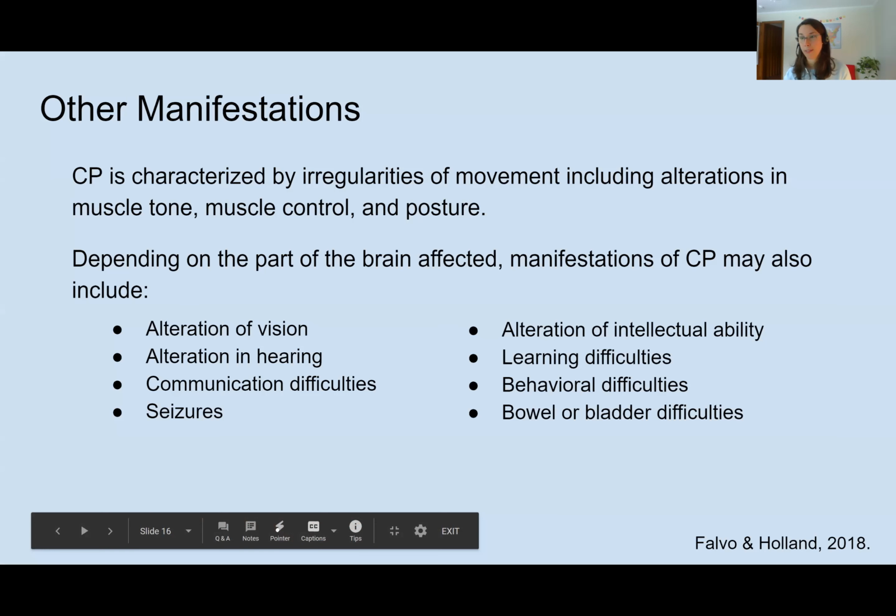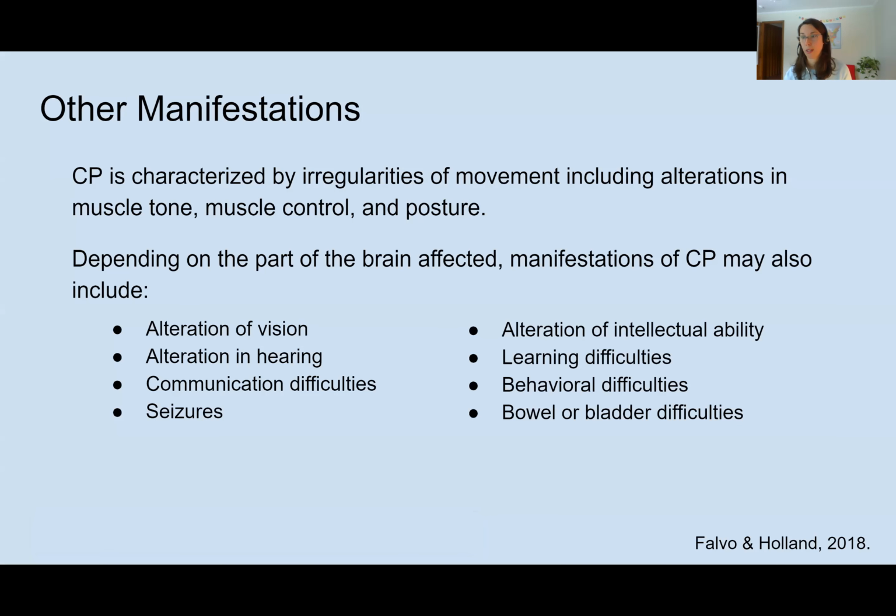And then other manifestations. As we discussed earlier, CP is characterized by irregularities of movement, including alterations in muscle tone, muscle control, and posture. But depending on the part of the brain that's affected, you might have additional manifestations of CP because it is essentially brain damage, if you want to use that word.